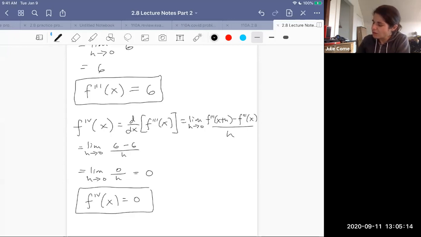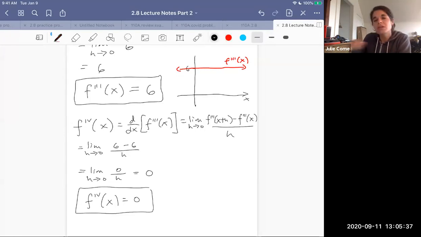If you picture the graph of f triple prime of x, it would look just like the horizontal line through 6 on the y-axis. It's simply the graph of the function y equals 6. What's the slope along that entire graph? Well, the slope is 0.